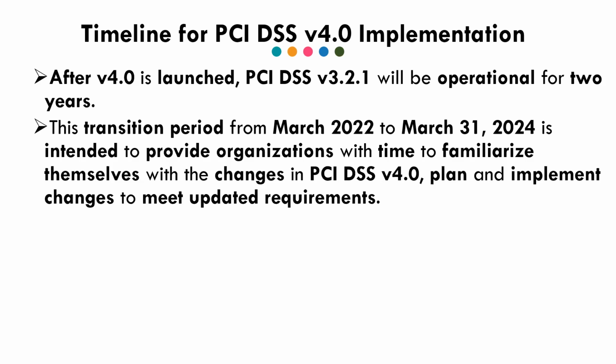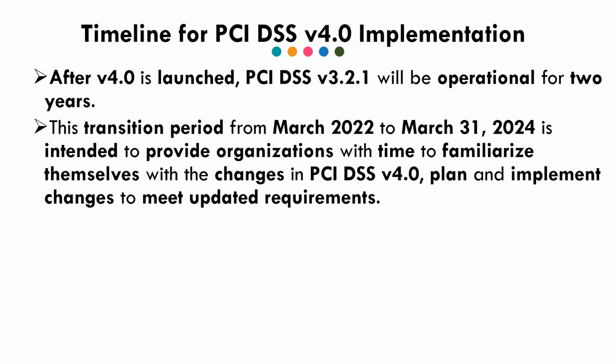Now that means that from now till March of 2024, organizations have almost a year, give or take, like a year and some 3 months, right? That might seem a lot, but it really isn't, right?